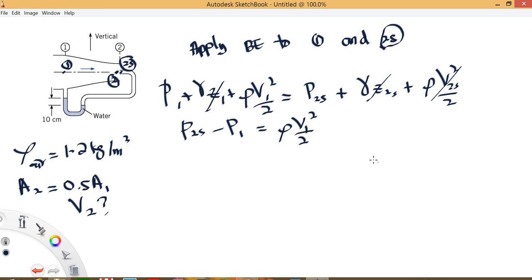Basically I cannot solve this, so I need to use another equation. Another equation that I can use is the manometer equation because below here I have a manometer. So I apply the manometer equation to 1 and 2s.